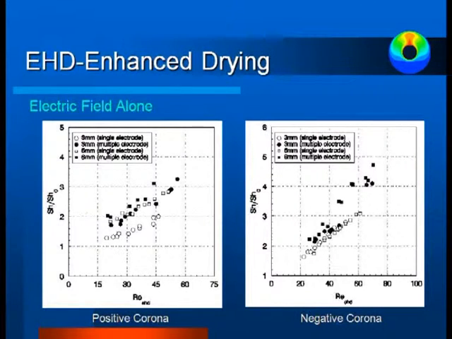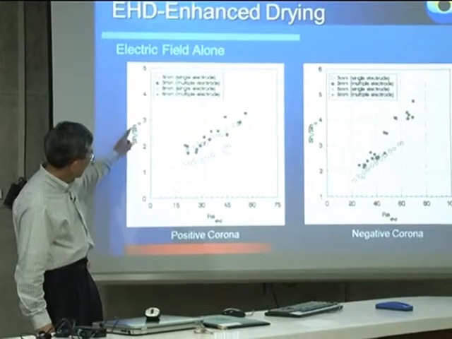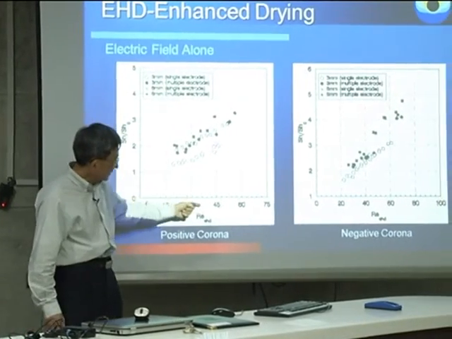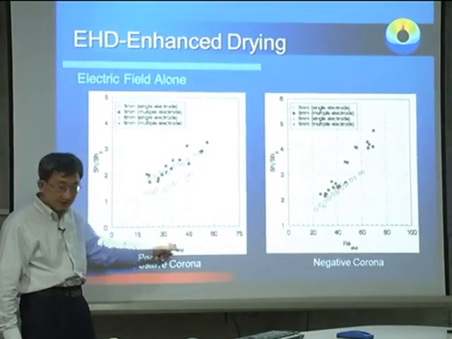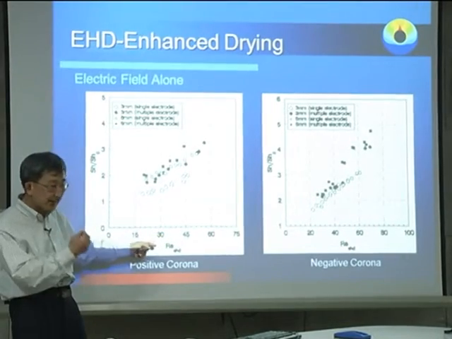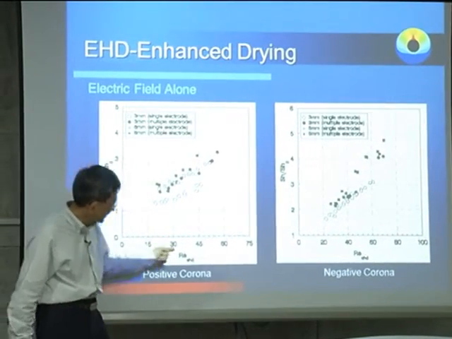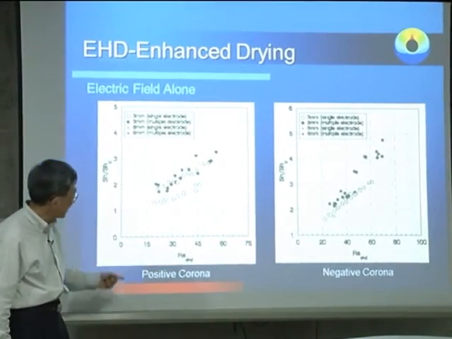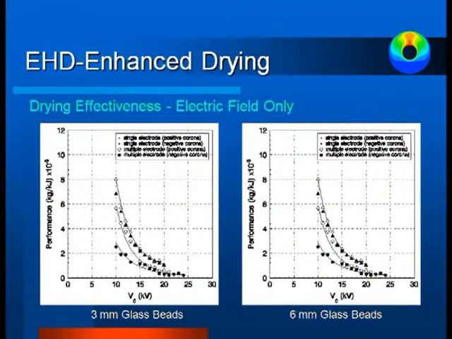Okay, so what we see here is the drying ratio increases with the Reynolds number. So the Reynolds number is an indication of electrical field, so that means with the increase of applied voltage, drying is enhanced. So most of the cases are linear. And this one is the performance.